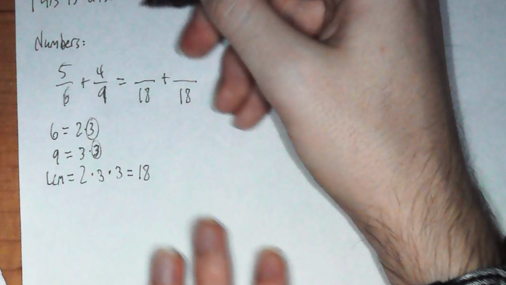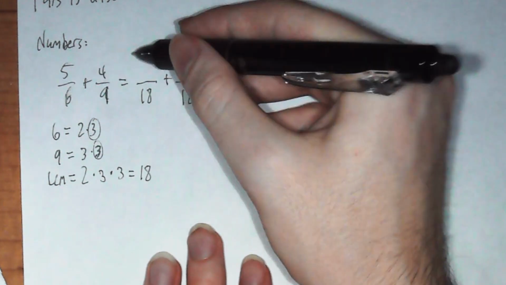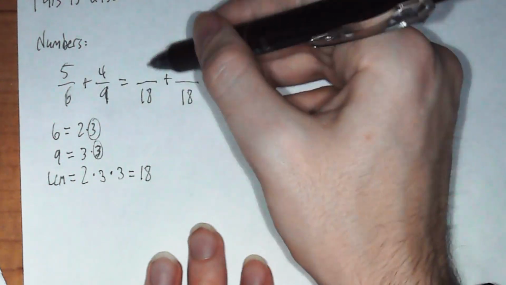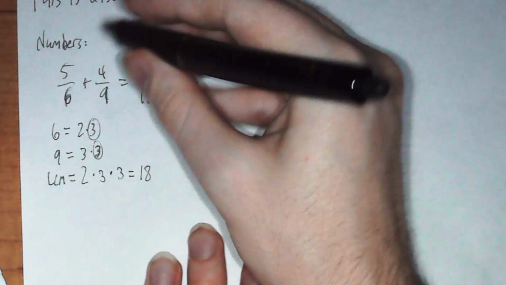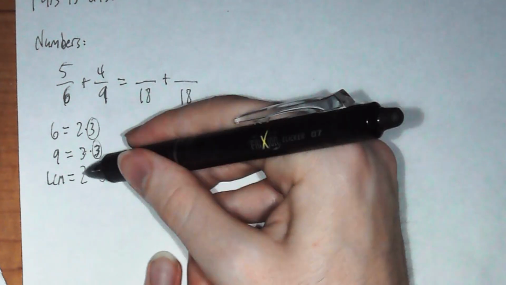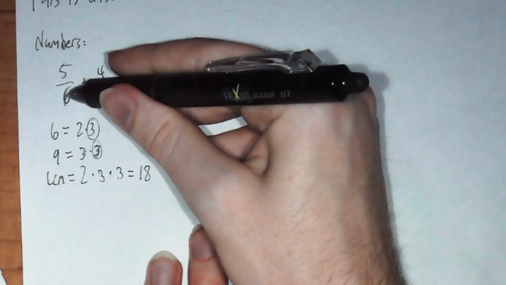Now, when we do the numerator, we can't just write 5 and 4, because then they would be different fractions. Instead, we have to adjust the numerator so that it's still the same fraction. Now, to go from 6 to 18, you have to multiply by the 3, which is missing, right? The LCM is 2 times 3 times 3, but only the 2 and the 3 here make up the 6.